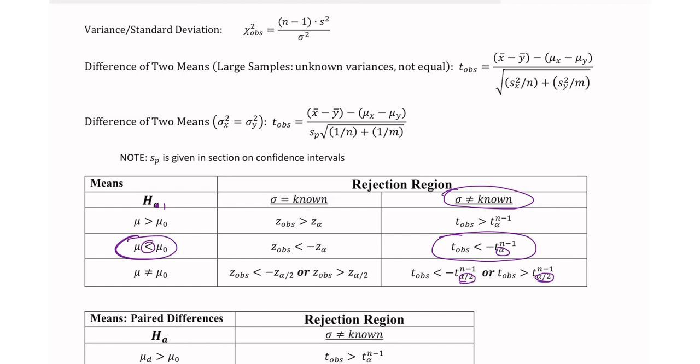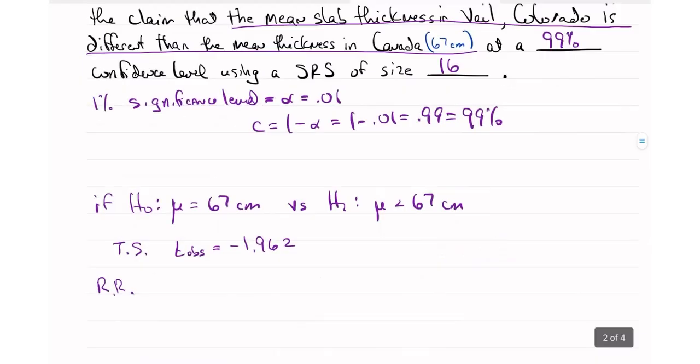So again, every one of my formulas that I've given you has the one-tailed probability. So we need this statement, T observed is less than negative T sub alpha with n minus 1 degrees of freedom.